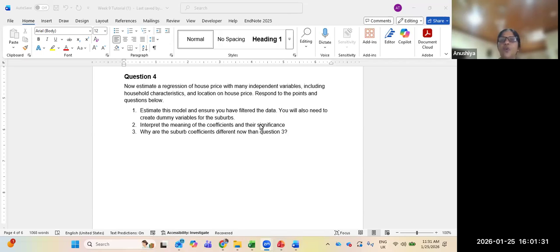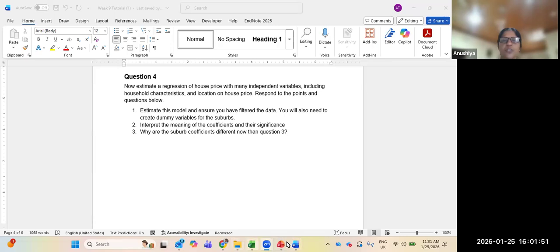You will also need to create a dummy variable for the suburb. Then you are going to interpret the meaning of the coefficients and their significance. And then you are going to explain the suburb coefficient, and why it is different from question number 3.